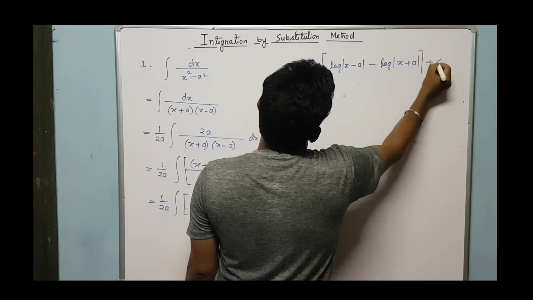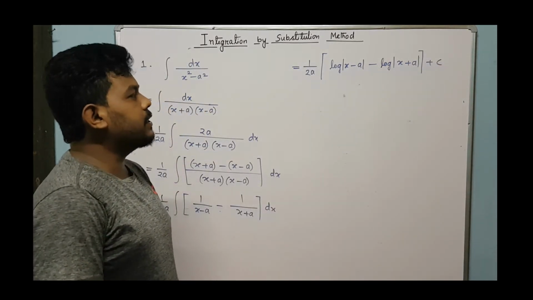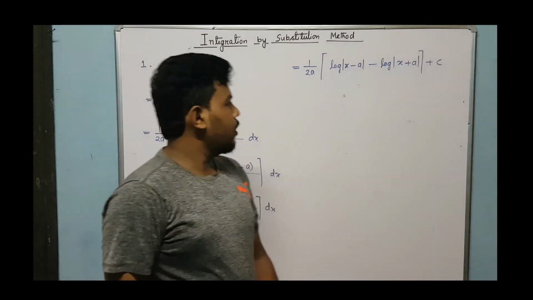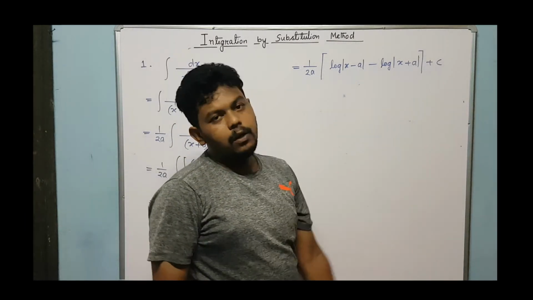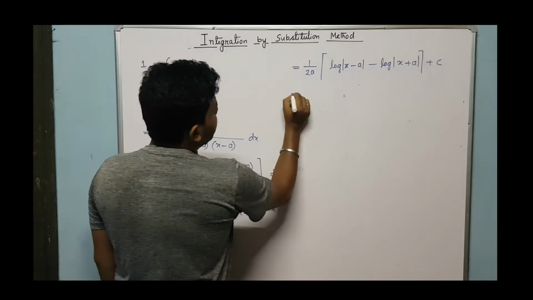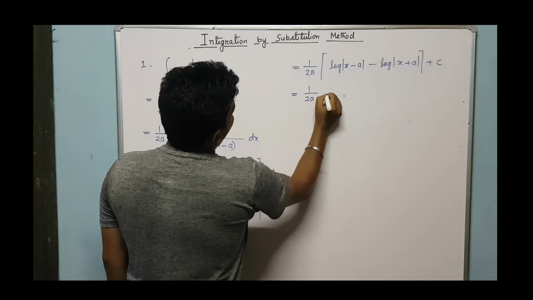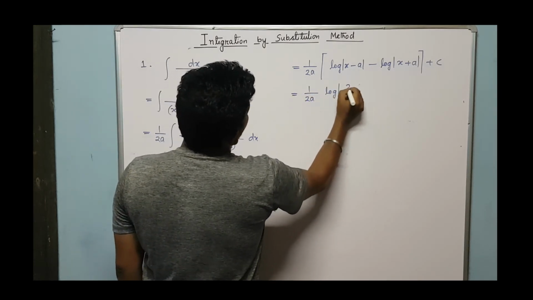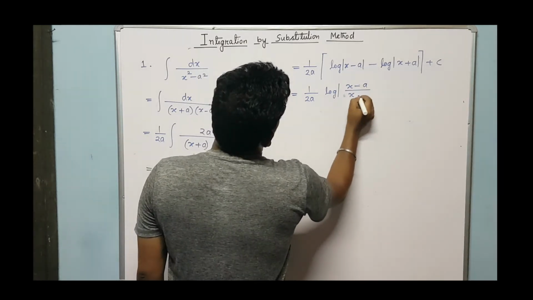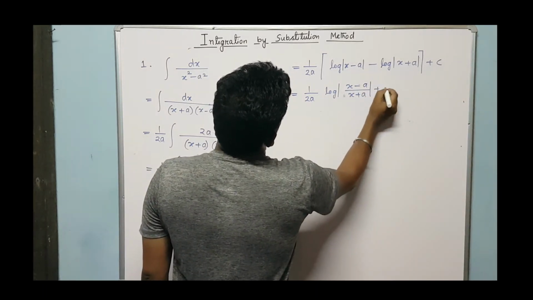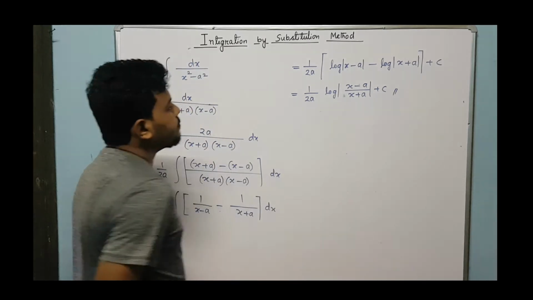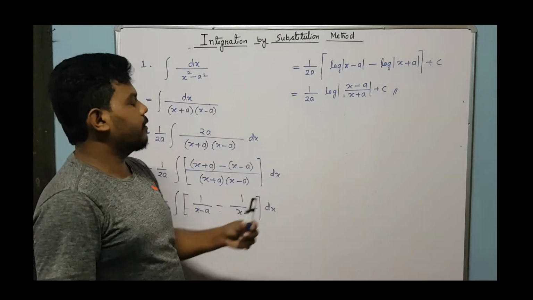Now I must write plus c, the constant of integration. What is log a minus log b? Log a by b. So it becomes 1 by twice a log of mod of x minus a by x plus a plus c. This is number 1.